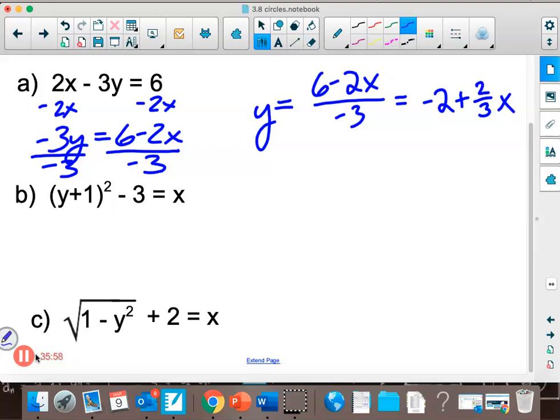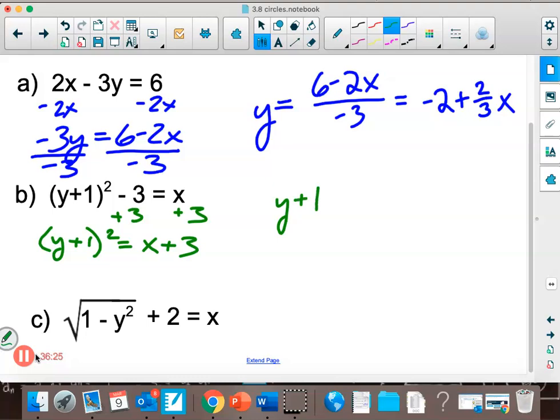All right, the next one. What's the first thing that we do? Add 3. So we have y plus 1 squared equals x plus 3. I have isolated the squared term, which means what can I do to both sides? Square root them. When I square root both sides, first, what's the square root of y plus 1 squared?